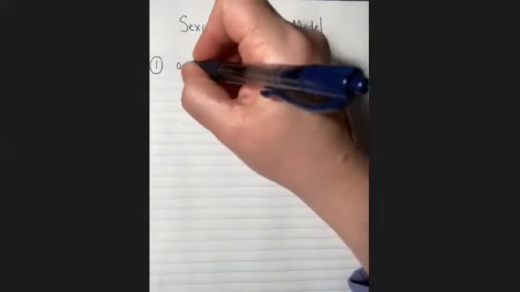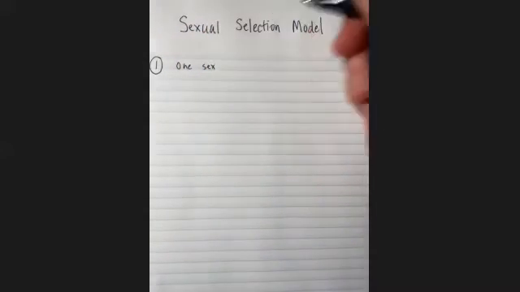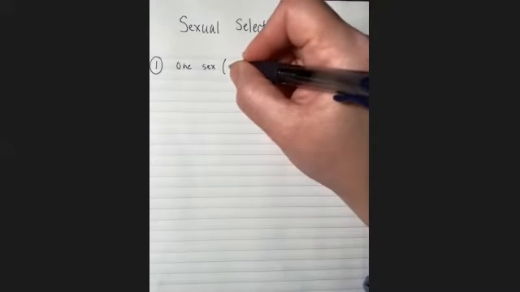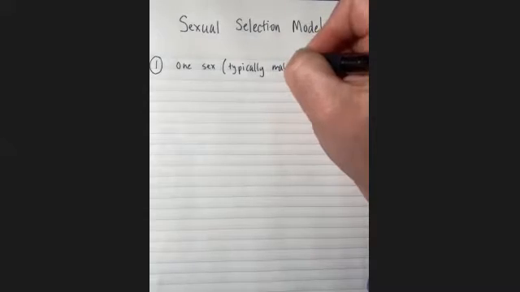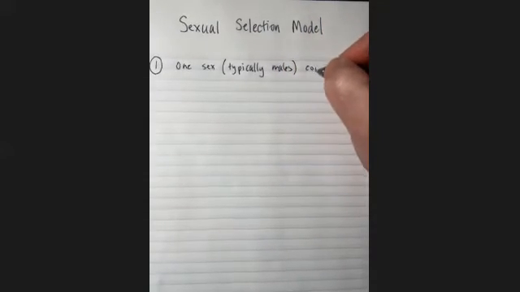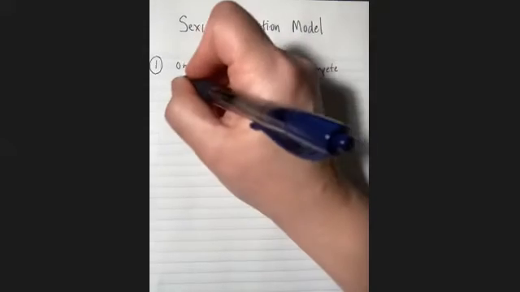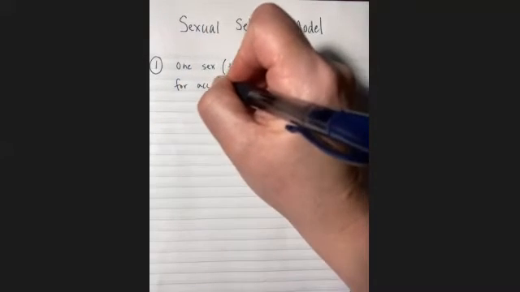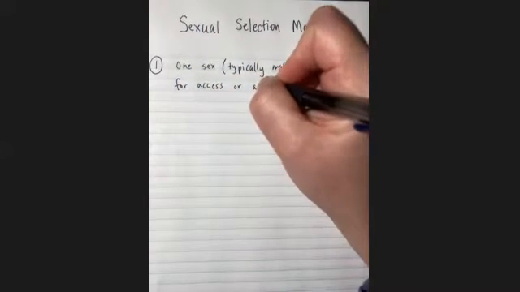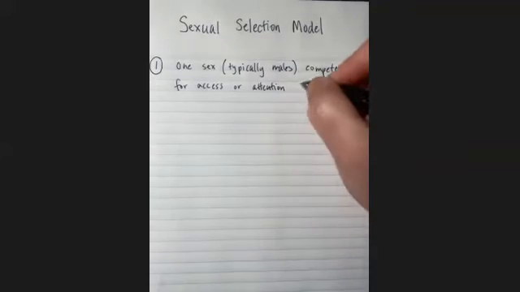Okay, so the first requirement for sexual selection to happen would be that one sex, male or female, and we're going to say typically this is the male, typically males compete for access or attention from mates.